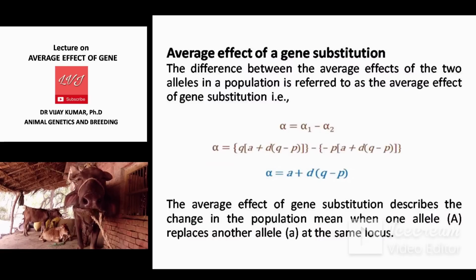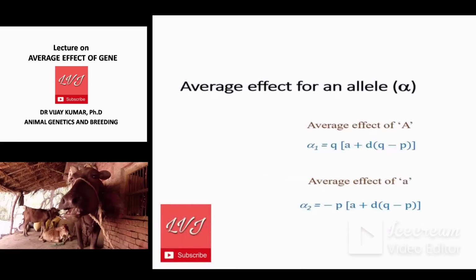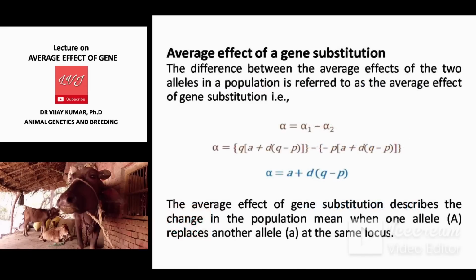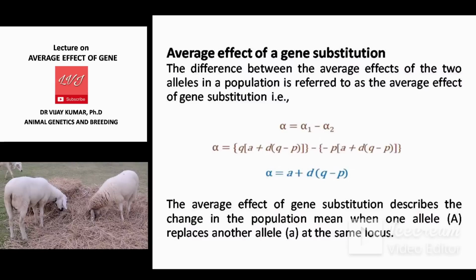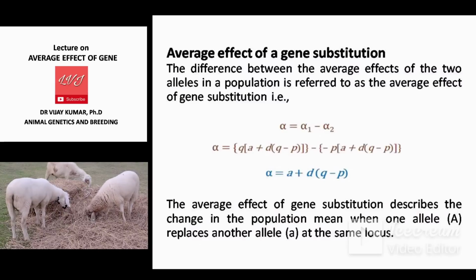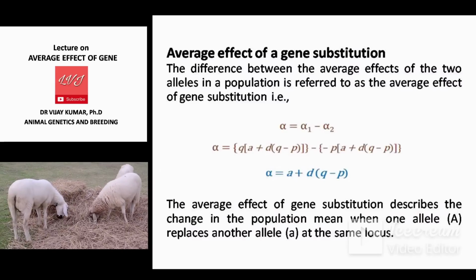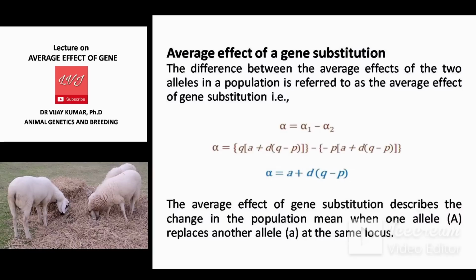After putting in these two values, alpha 1 and alpha 2, we get the value for gene substitution: alpha equals a plus d(q minus p).